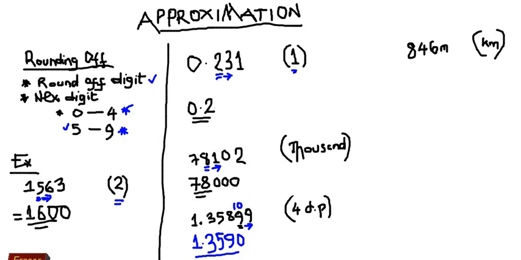Now, this is rounding off with respect to unit of measurement. Here, the unit of measurement is a meter or a kilometer in this case. So rounding off with respect to a unit of measurement, we know the relatedness of meters and kilometers. 1000 meters give us 1 kilometer.